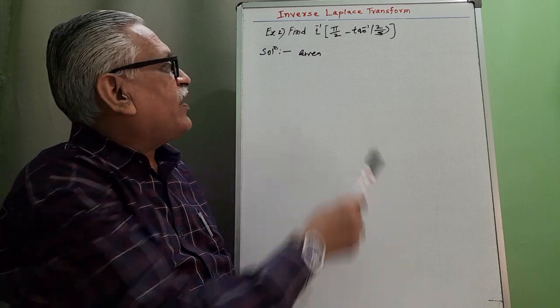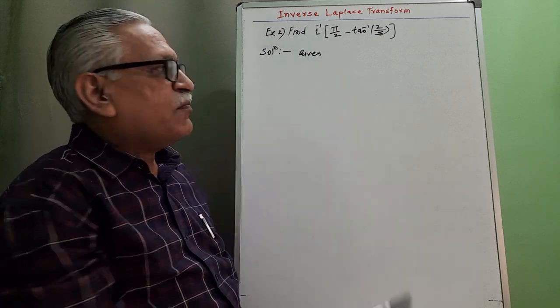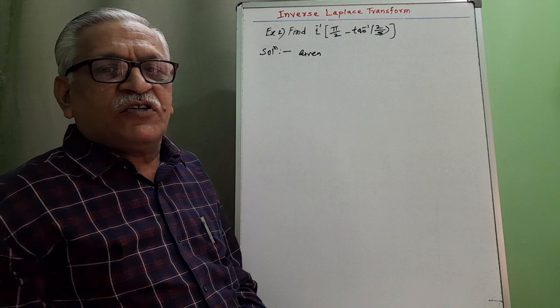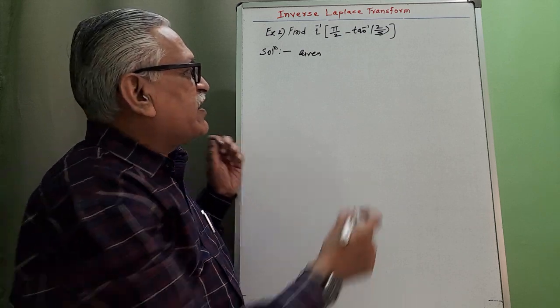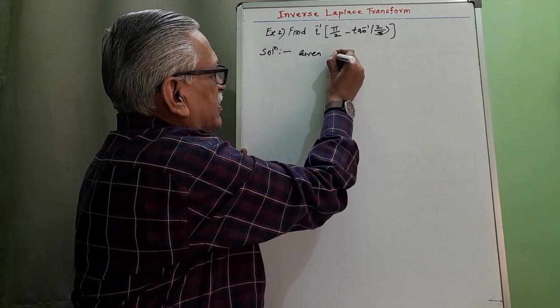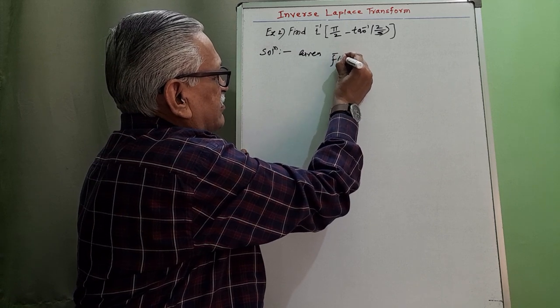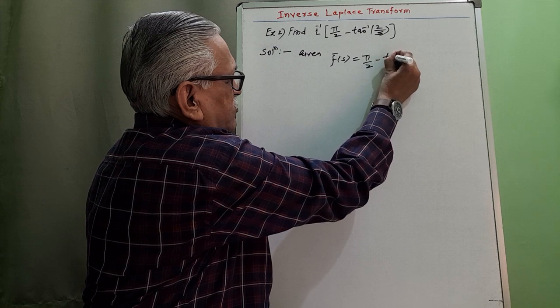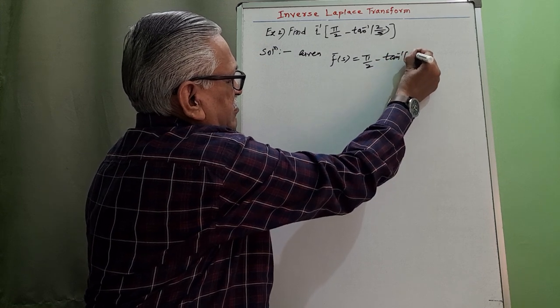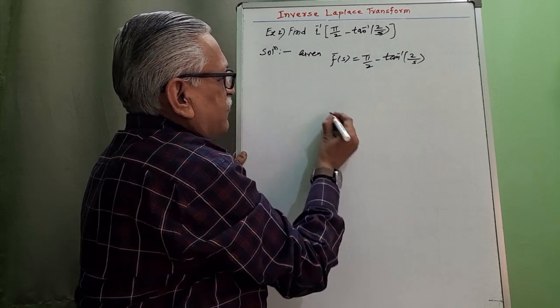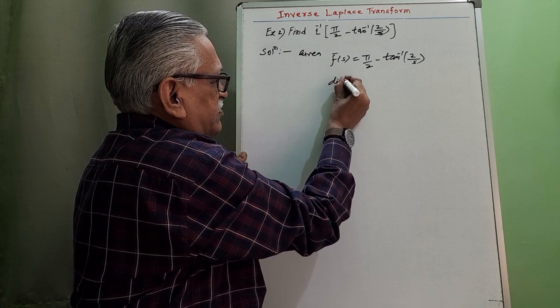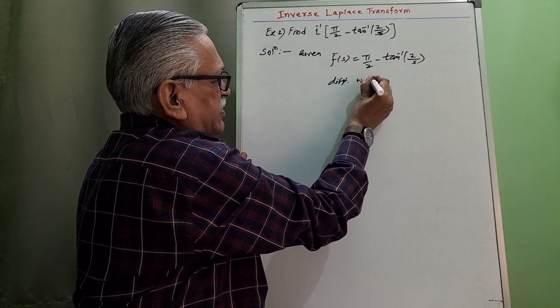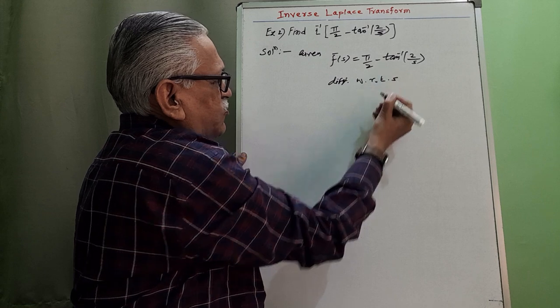Second example, find inverse Laplace of pi by 2 minus tan inverse of 2 by s. To determine its inverse we consider f bar of s as pi by 2 minus tan inverse of 2 by s, then differentiating this with respect to s both sides.